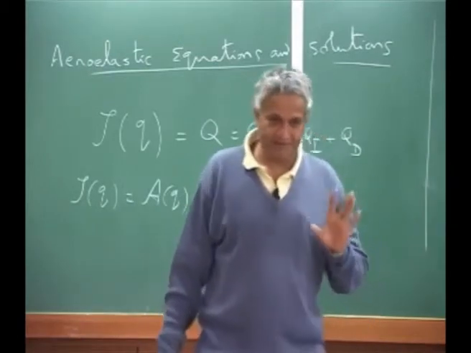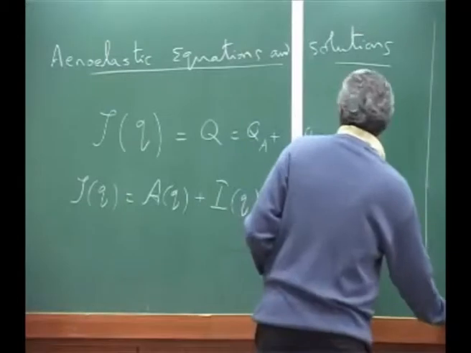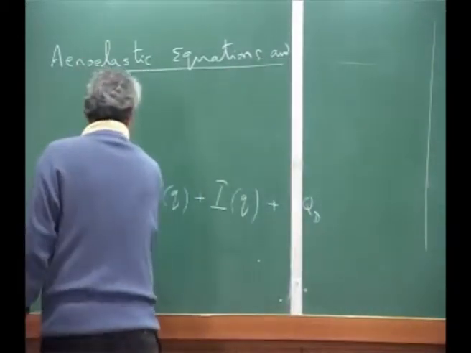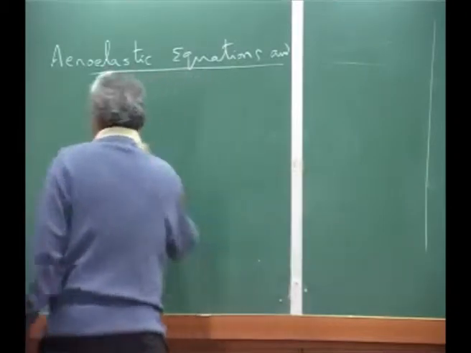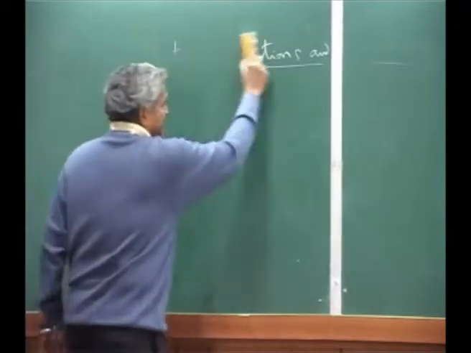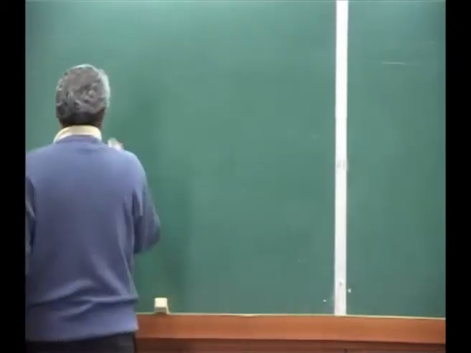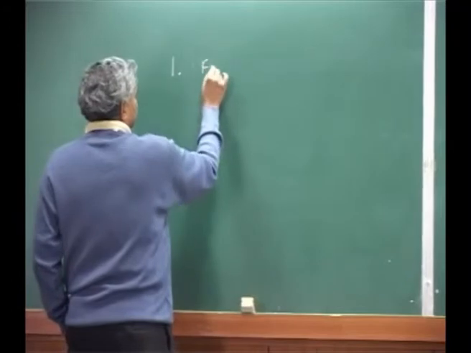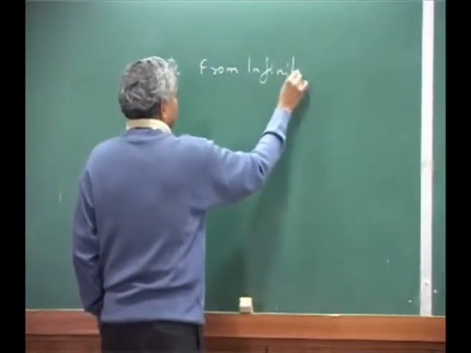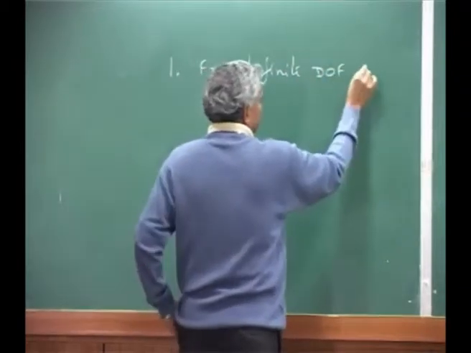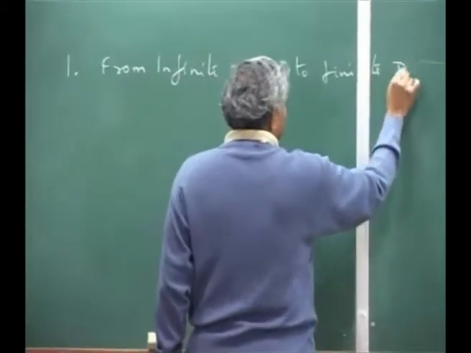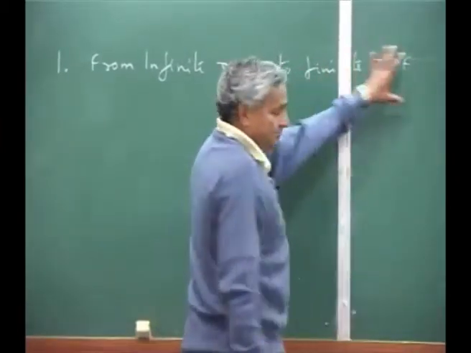That is the first step. Okay. So I will write here. The two steps are, one is reduction, which means you are basically making an approximation: infinite DOF to finite degree of freedom system. This is the first step.